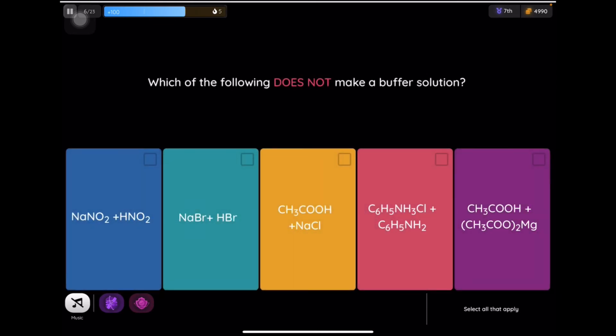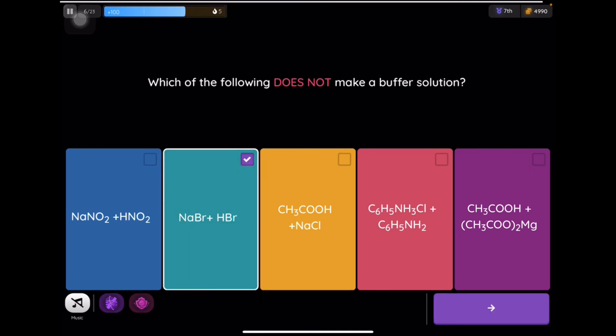So which of the following does not make a buffer solution? So please remember, a buffer solution is made from a weak acid and its conjugate base combination, or a weak base and its conjugate acid combination. So the first option is a combination of weak acid and its conjugate base, so that makes a buffer. As for the second, HBr is a strong acid and NaBr is its salt, so that does not make a buffer.